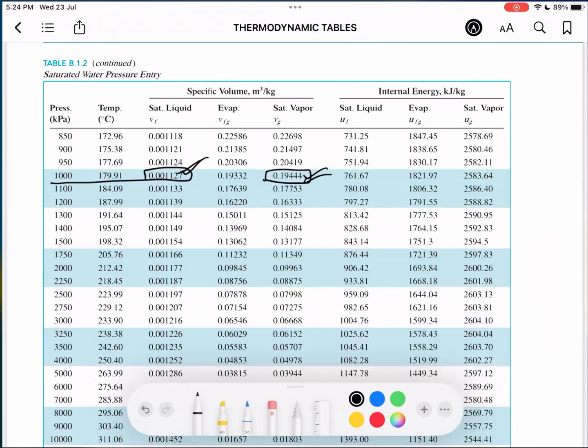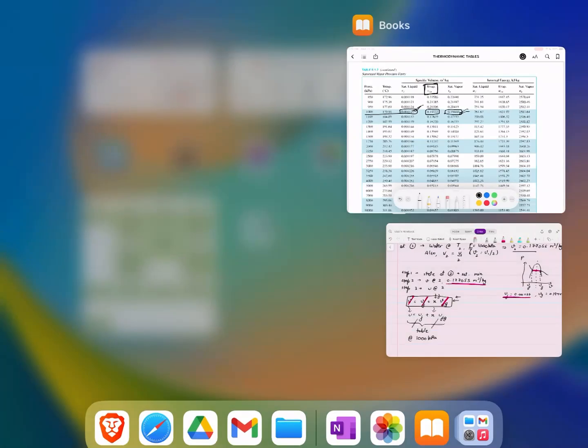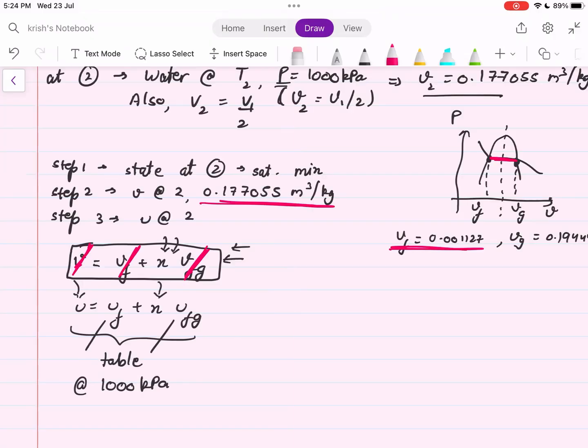In fact, let us see the value of Vfg right now. If you see, this is the Vfg column and it is this, 0.19332. So we know this, and we know this. Thus, the value of x can be very easily calculated.